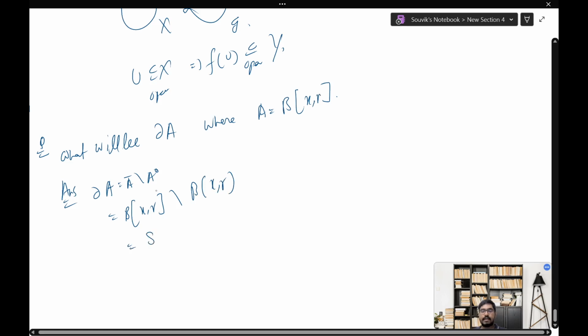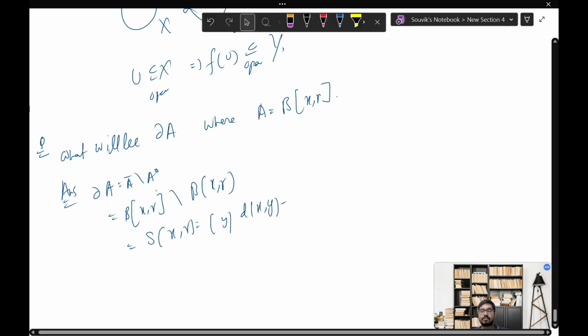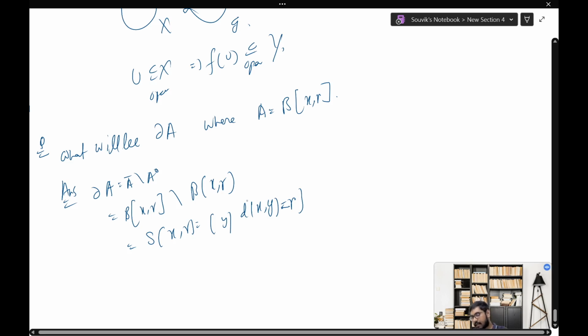So basically it is the sphere around x, meaning those y such that the distance is equal to r.